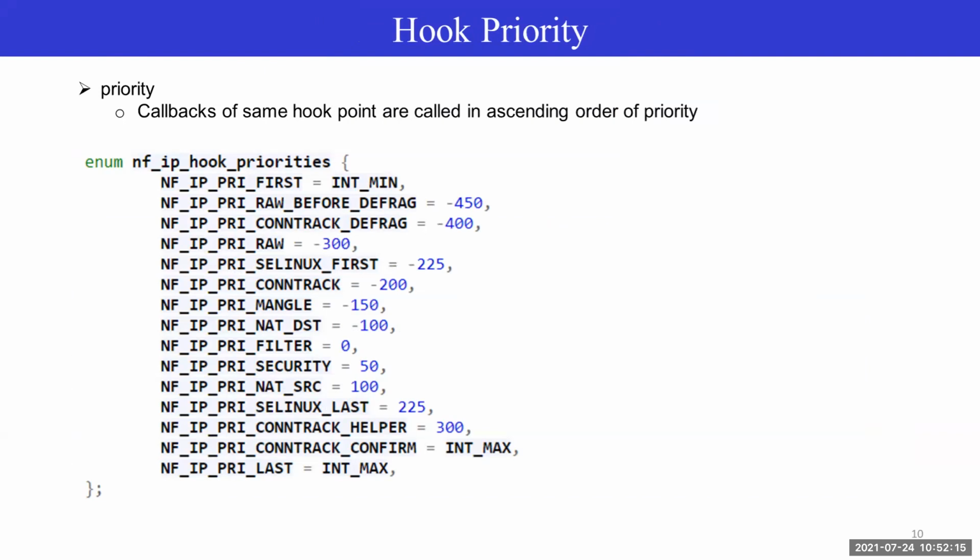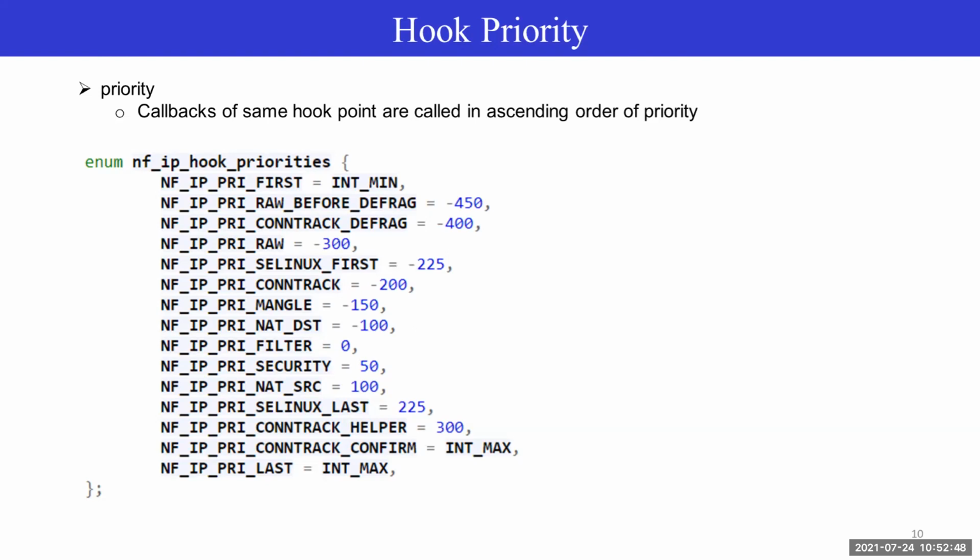Yes, in the 0, as you can see. So usually what happens, all the system defined callback routines have priority value less than 0, other than the connection track and NAT. So it is usually recommended to define the priority of your callback routine more than 0, but it is not mandatory.